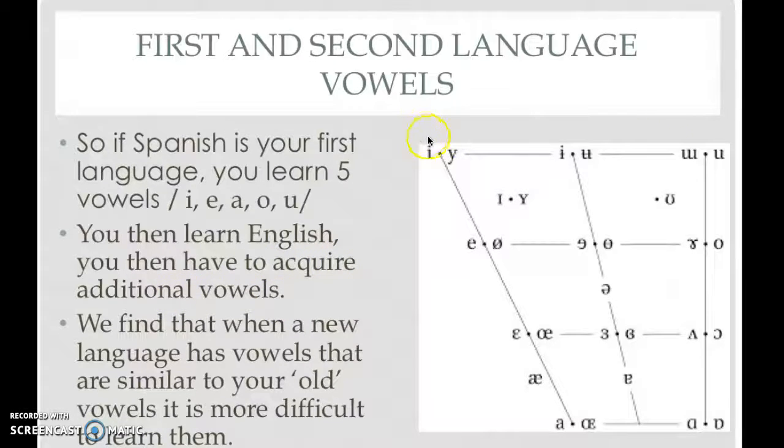So again, if you learned Spanish, you learned E, A, the O, and the U. Most likely, when you learned English, any vowel that was close to E, and in our case there aren't a lot, would be considered fairly hard or more difficult to learn.